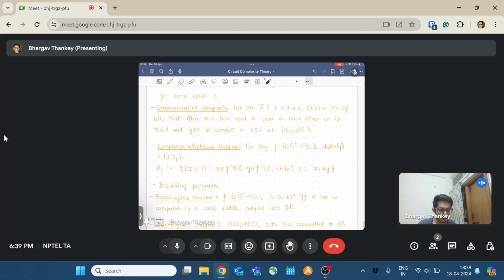So this connects the depth of a formula with the communication complexity of the relation associated with that function.